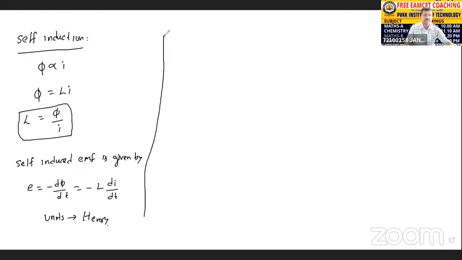Okay, next, self-inductance of a flat circular coil.